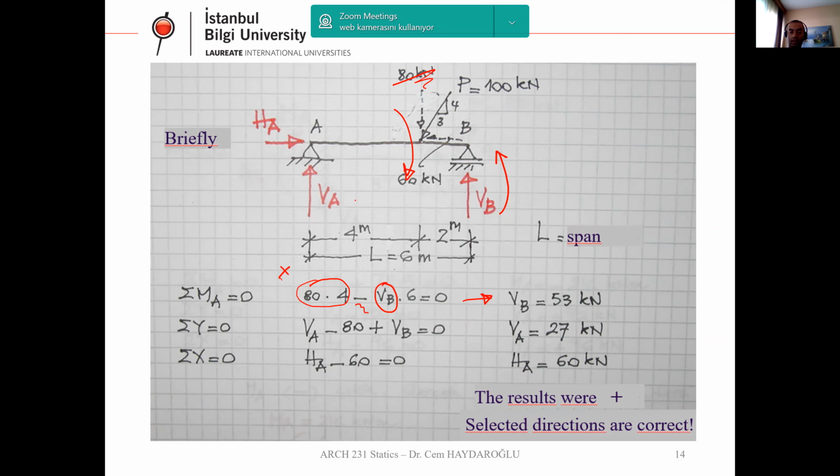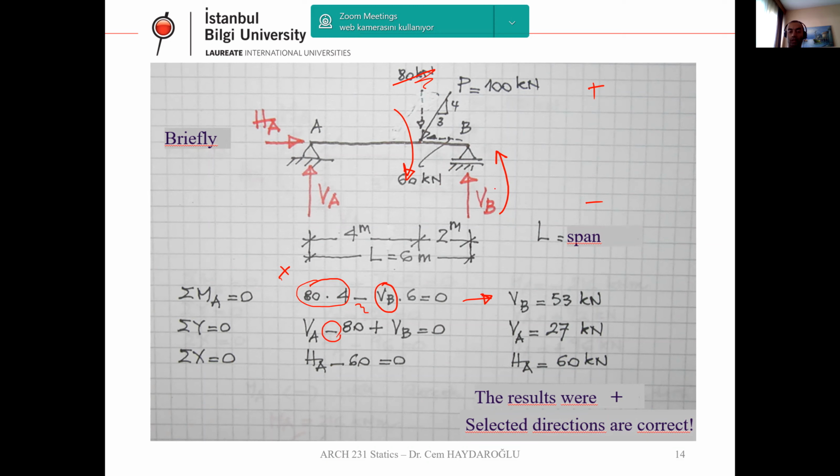In the vertical direction, total y on this beam is 0. Vertical A is on the positive side. VA goes up in the positive direction, and we have 80 kilonewton going down in the negative direction. So here we have minus 80.